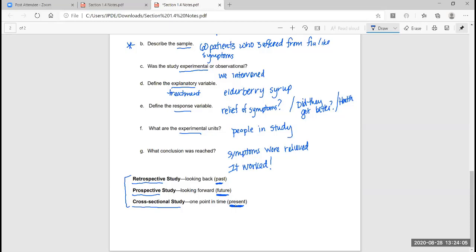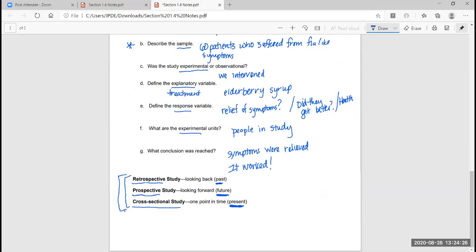Or, you know, what if I took everybody's temperature and we got that right now? It's not going forward beyond today. We're just using the data for today. So there is probably a little bit with retrospective, prospective, and cross-sectional on your online homework.